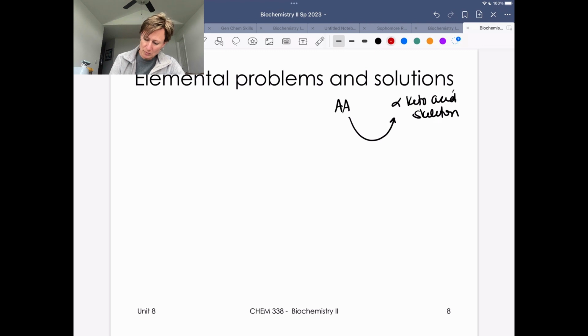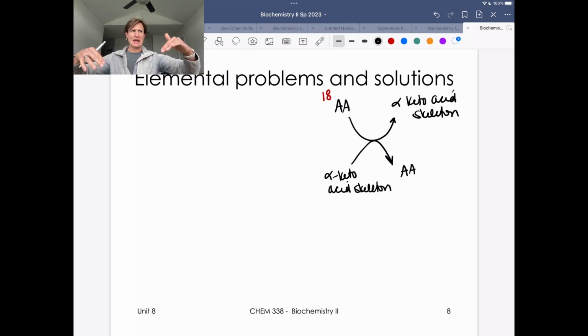Specifically, we're going to be talking about 18 different amino acids, and we'll talk about which 18 those are in a minute, by talking about the fact that this chemistry happens by taking a different cognate alpha keto acid skeleton and converting it into its amino acid. So this is kind of an amine group exchange, if you will.